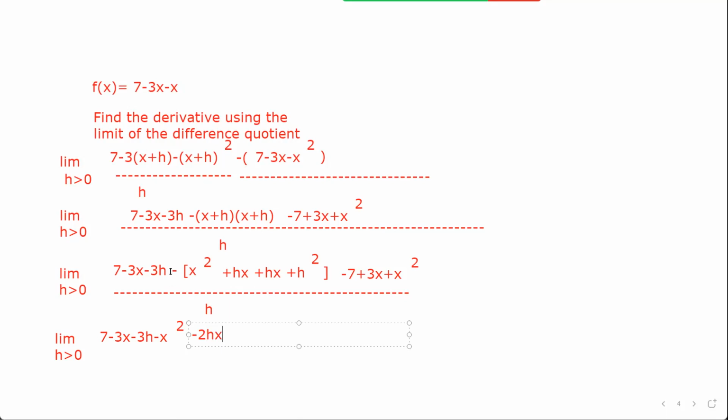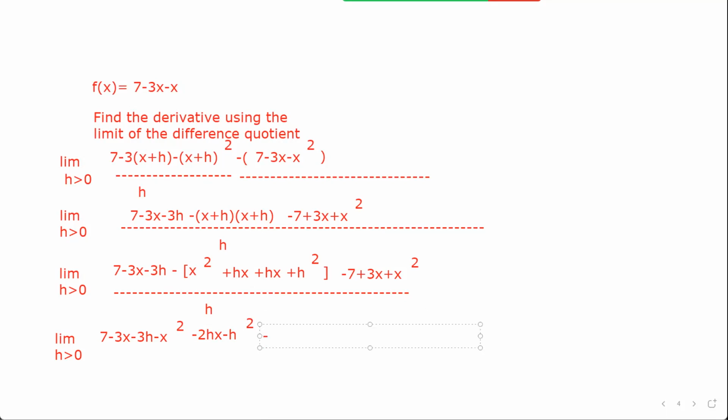And notice that I took the negative through it. You see that? So minus x squared minus hx minus hx minus h squared. You see that? This is h squared. Now I'm going to copy.